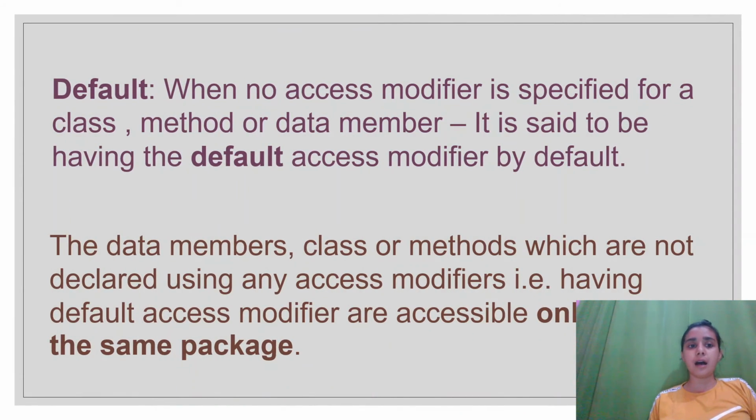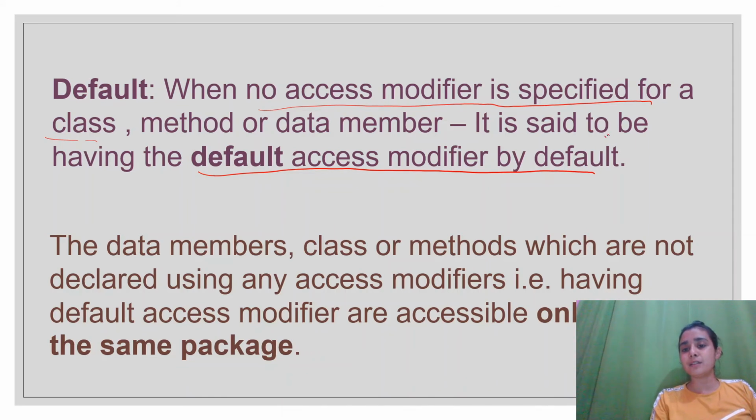So now these are a few things about that. Let's read that. Default means when no access specifier is specified. For a class, a method or data members, it is said to have the default access modifier, that is by default. There is no keyword, it will be considered as default.